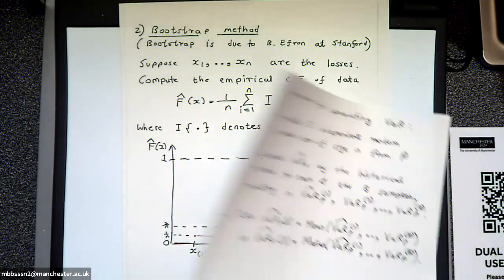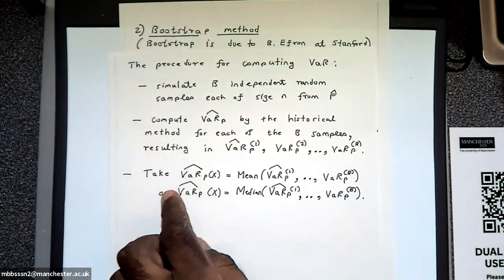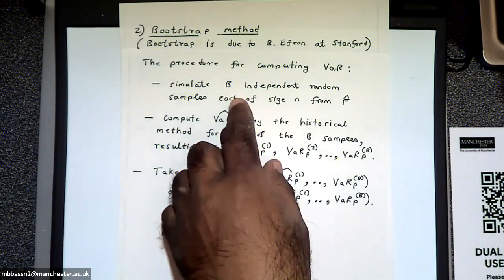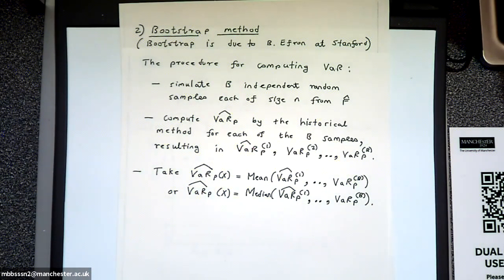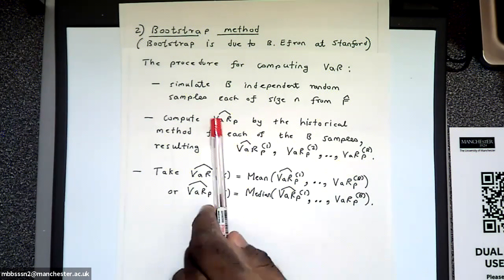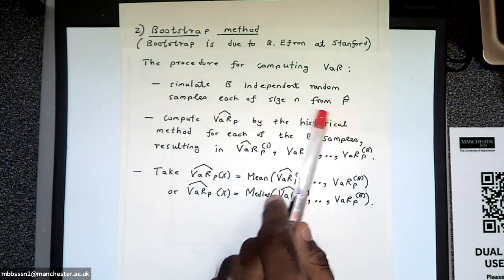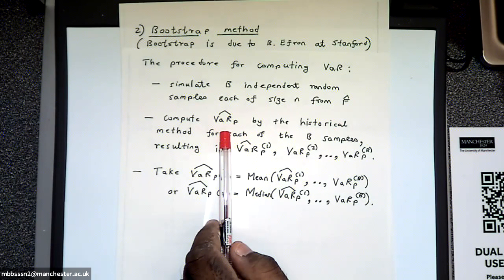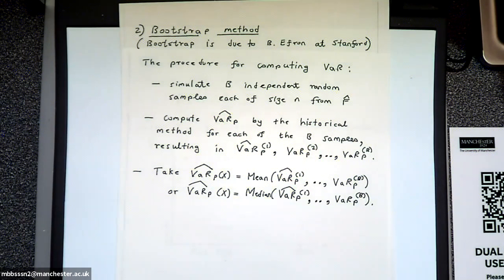So the procedure for computing the VAR is this procedure. The first step is to simulate B, where B is an integer. It could be like 100, it could be 1,000 or 10,000. Simulate B independent random samples, each of size n, from f hat, and compute VAR by the historical method for each of the B samples.